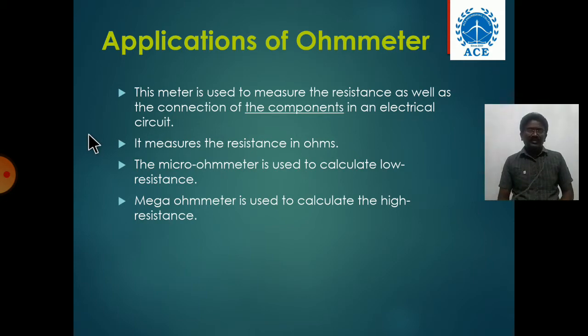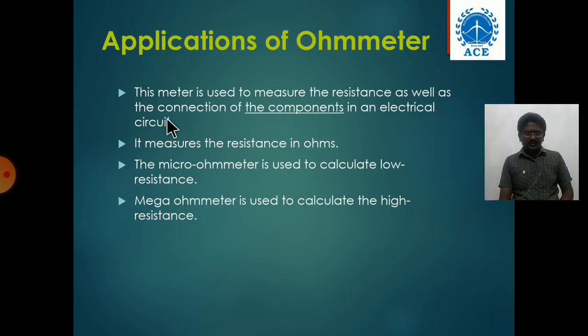Initially terminals AB are shorted. So unknown resistance Rx equal to 0. Now current flowing to the meter is 0. So in this case pointer is marked on left side of the dial.